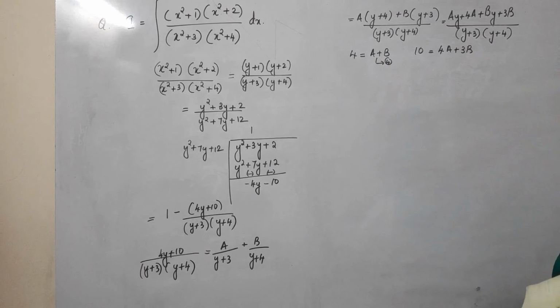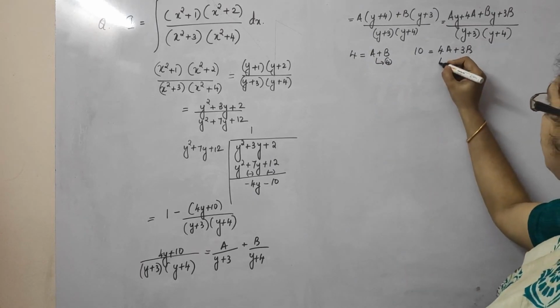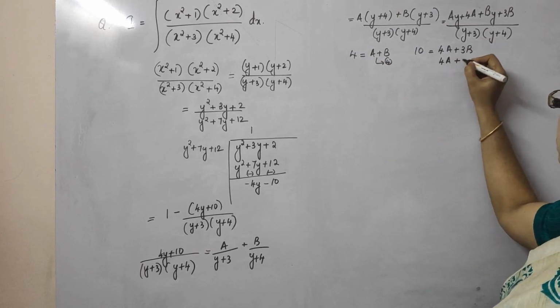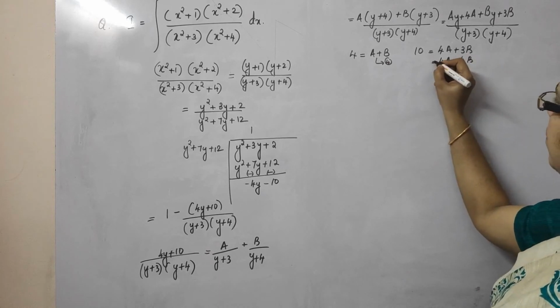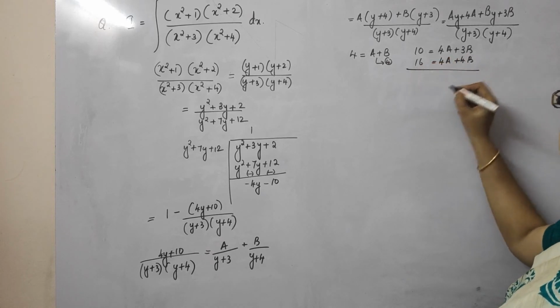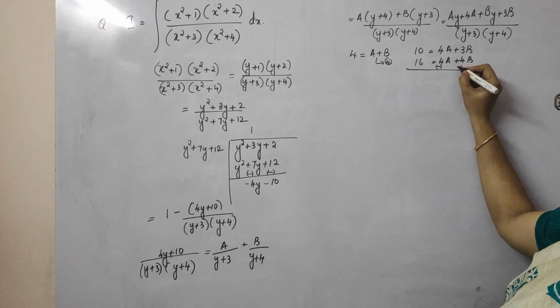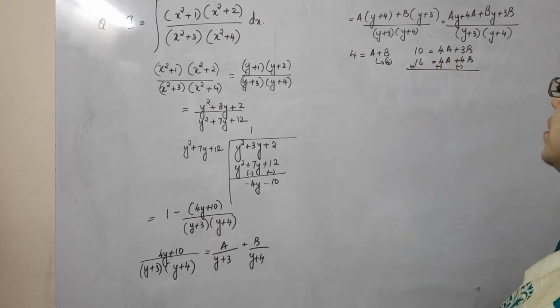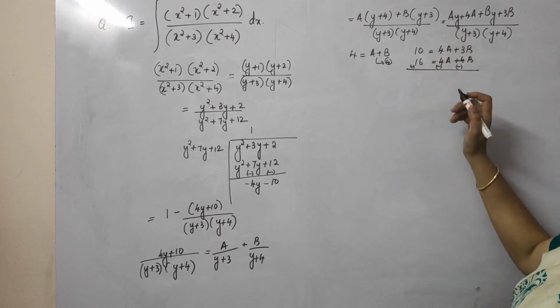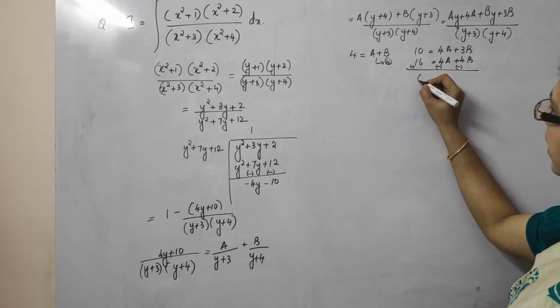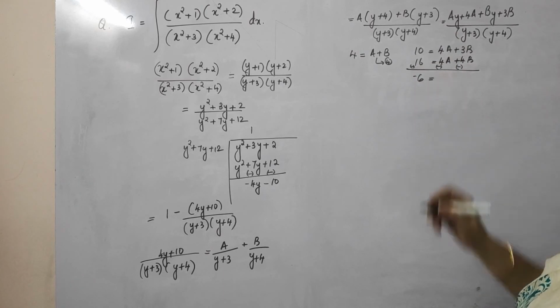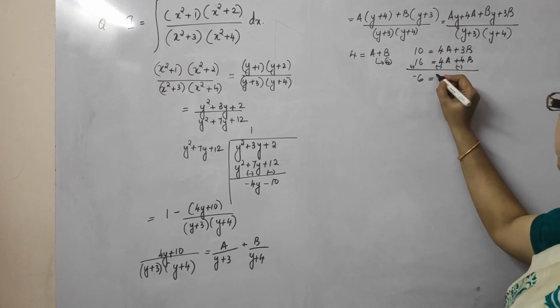Now I multiply this with 4. Why do I multiply with 4? I am eliminating a. So 4a + 4b is equal to 4 into 4, which is 16. Subtracting, this part cancels. What do I get? Negative 6 is equal to negative b.